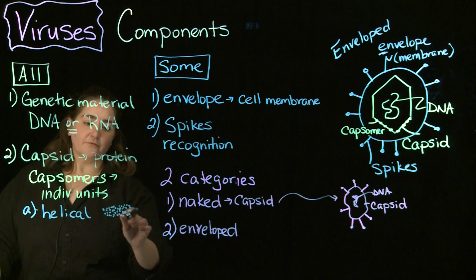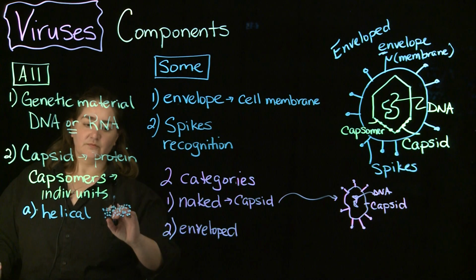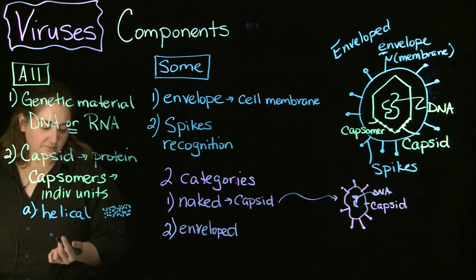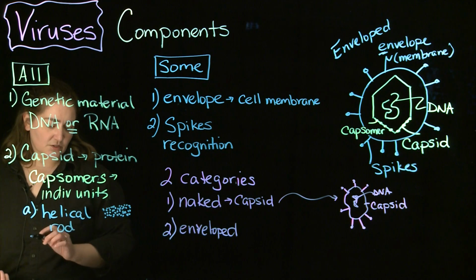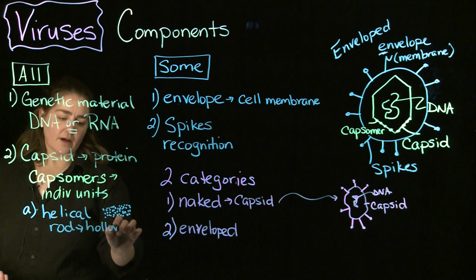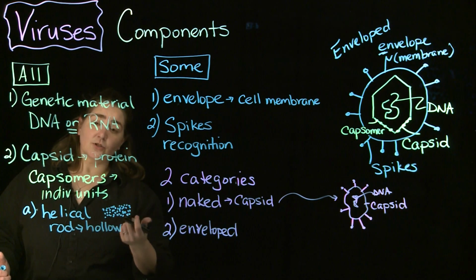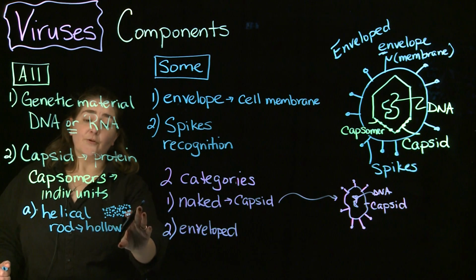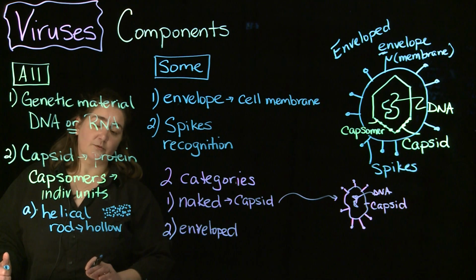They form essentially a tube. That helical capsid is going to be rod-shaped in structure, and that rod-shaped structure is usually hollow. Inside that hollow tube is where your genetic material is going to be. The Ebola virus is an example of a virus that has that helical conformation.